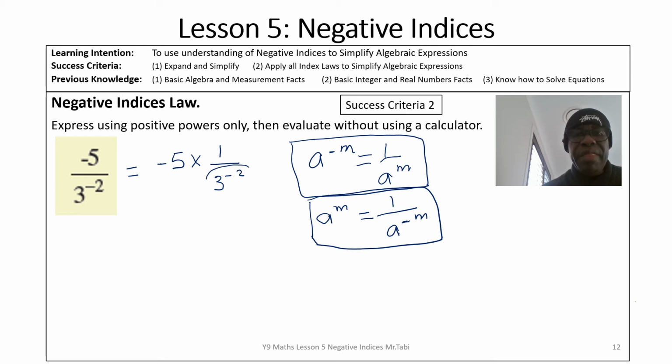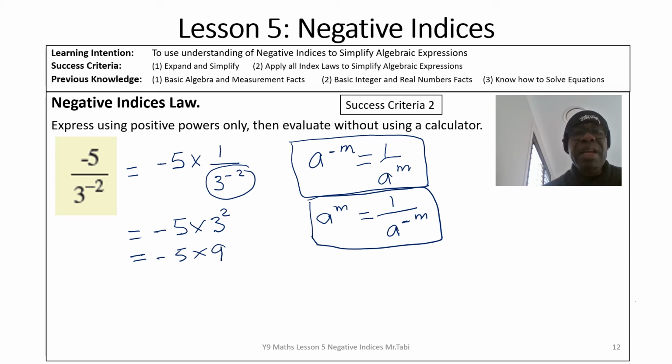So looking at this, you can do it like the way I did it in the previous slide, or we can apply the rule and do it straight away here, which is minus 5 times 3 to the power of 2. And minus 5 times 3 to the power of 2 is simply minus 5 times 9.